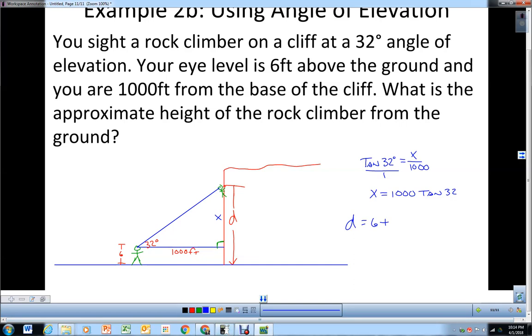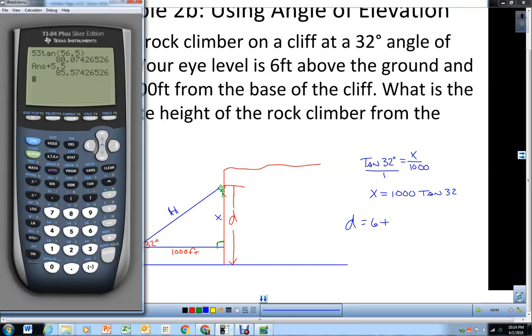All right, so let's look here. We're using the tangent function because we do not have the hypotenuse. We have the opposite and the adjacent, so this is going to be tangent. So we have the tangent of 32 is equal to x over 1,000, opposite over adjacent. Cross multiply: 1,000 times tangent 32. Let's go over here and put 1,000 tangent 32 degrees.